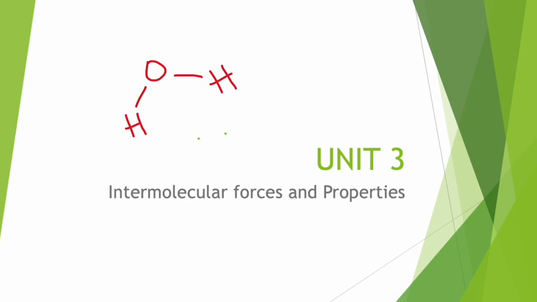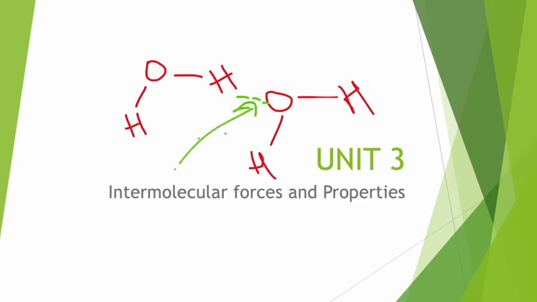The first one is the LDF, which exists in all kinds of molecules, and it's also called a temporary dipole. They are the only forces present in non-polar structures. Think of a neutral atom. What we know about any atom is that the electrons are constantly revolving around the nucleus.